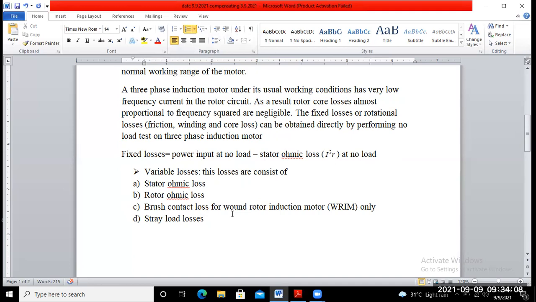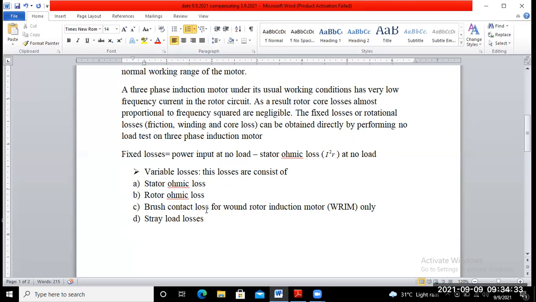If the wound rotor induction motor is not mentioned in your problem, then you need not bother about the brush contact loss. So you only consider stator ohmic loss and rotor ohmic loss as the variable losses. When the load changes, these stator and rotor ohmic losses change. That's why it is known as the variable losses.